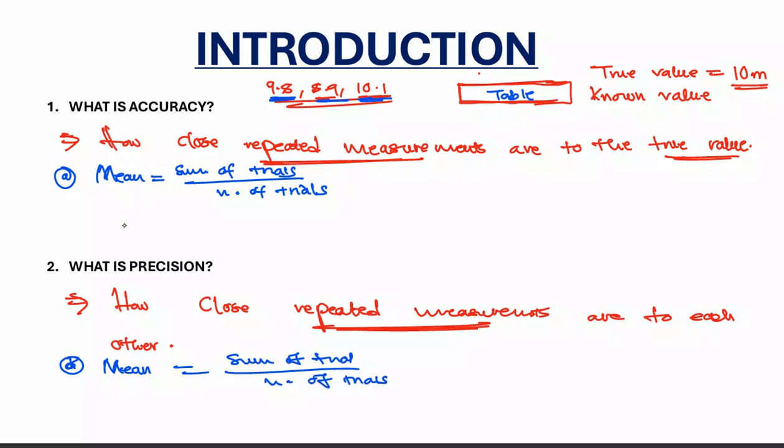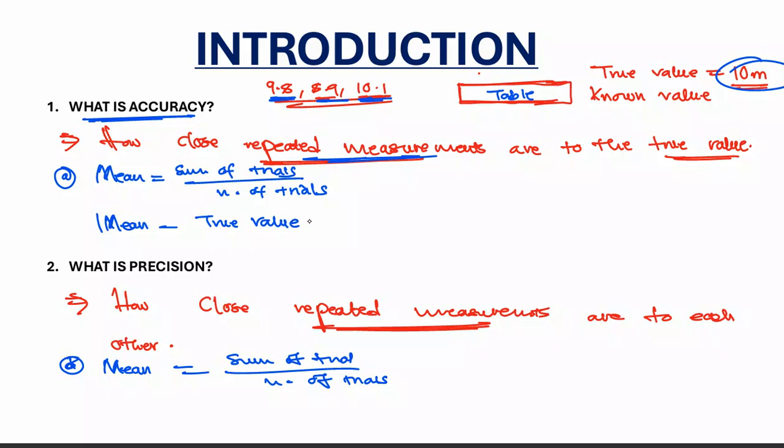Now what is the second step? When you are dealing with accuracy, we want to understand how close your measurements are to the true value. So after finding the mean, you subtract: mean minus the true value.